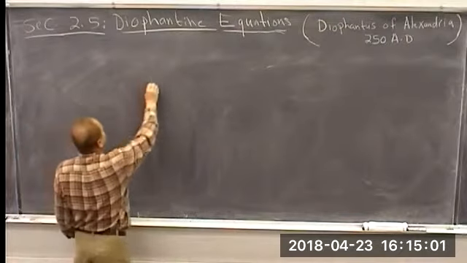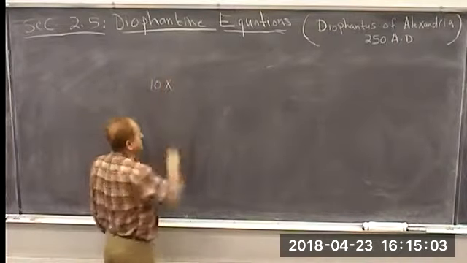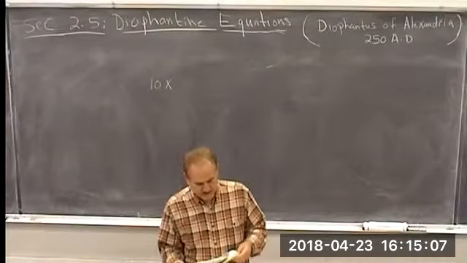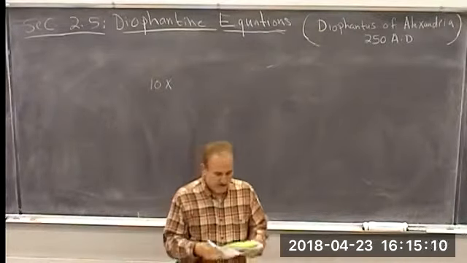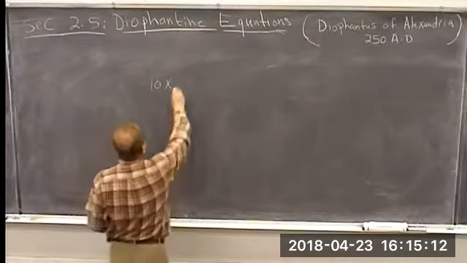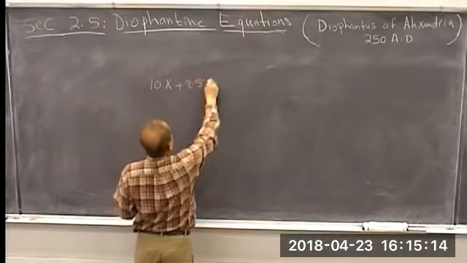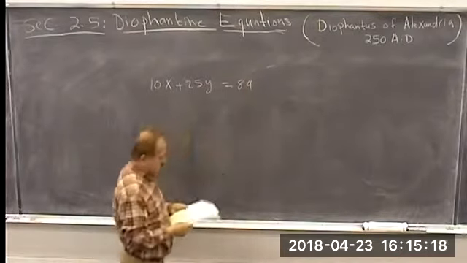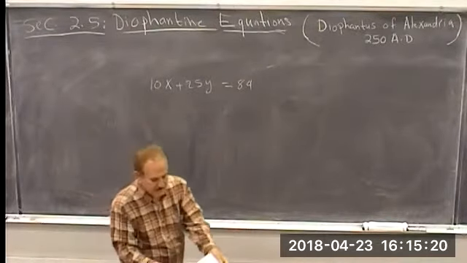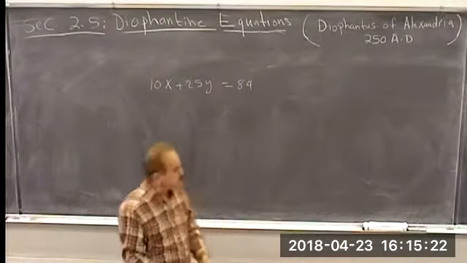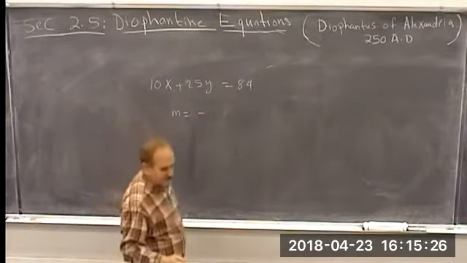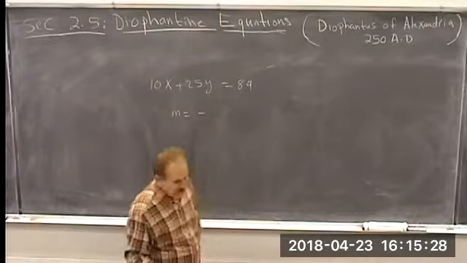So with this example, let me see what was the example in here. Yeah, 10x plus 25y is equal to 85. And the slope is negative, actually negative a over b.